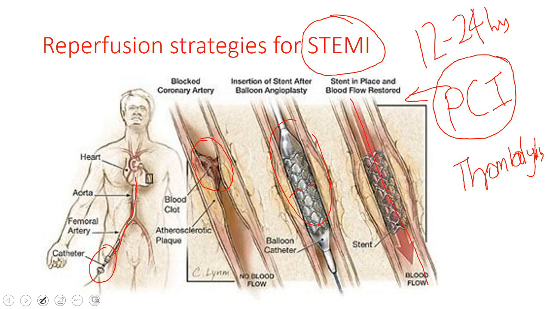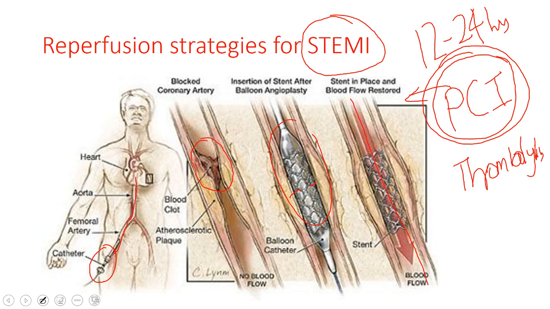This is the best, there is no doubt about it. But there are hardly many hospital setups where PCI is done round the clock. Ideally, from the onset of STEMI, PCI should be done within 90 minutes for the best results.